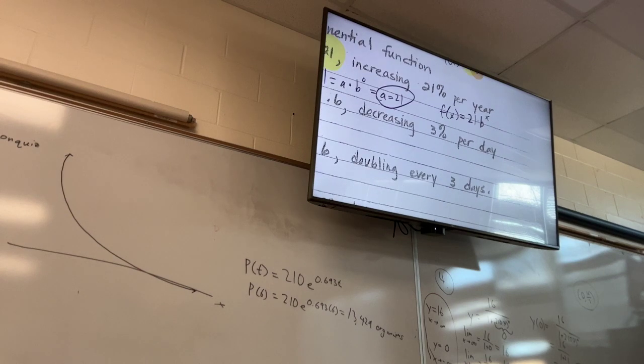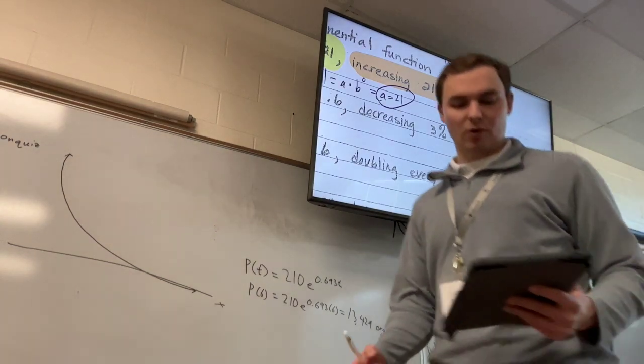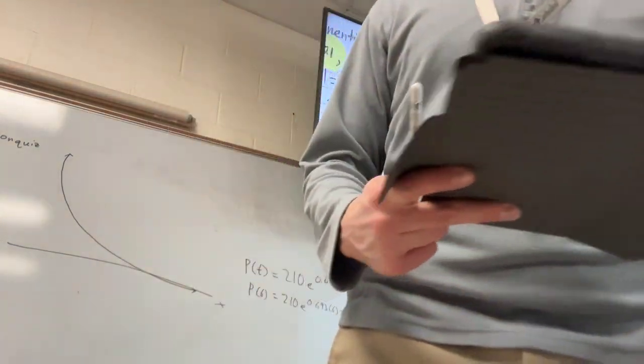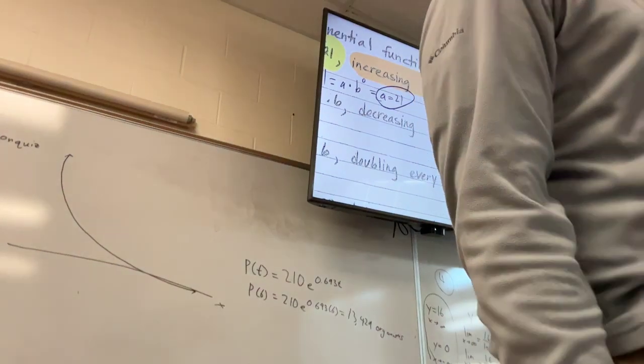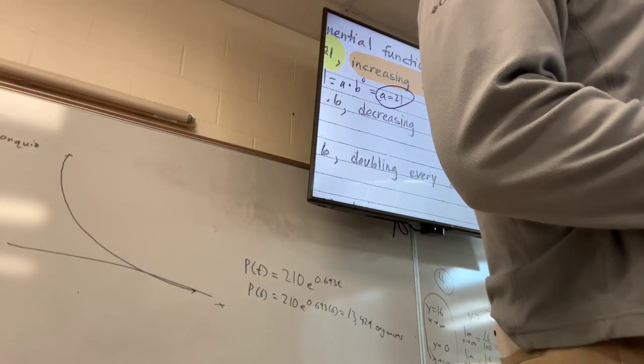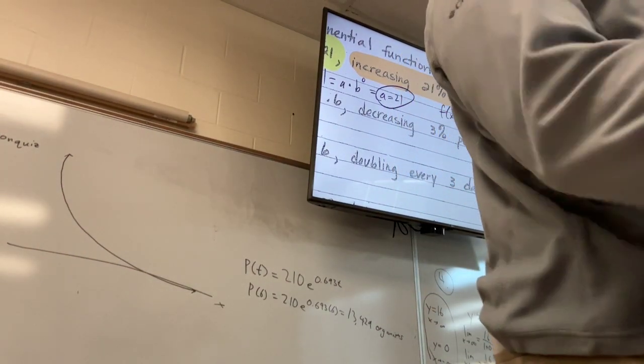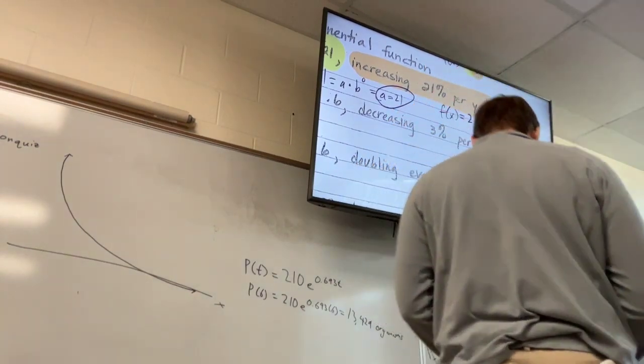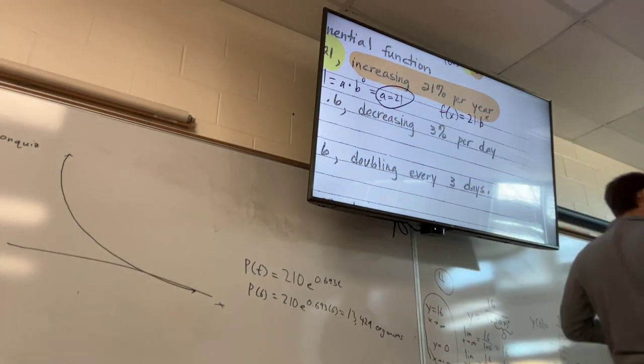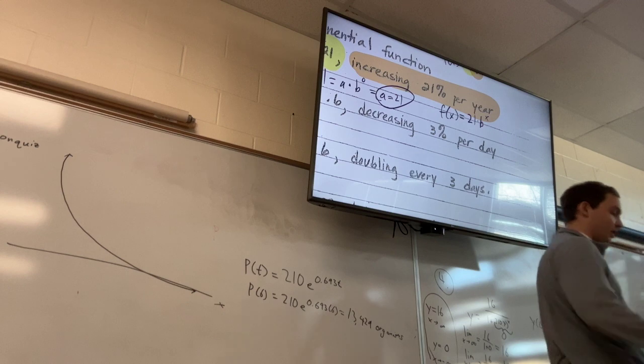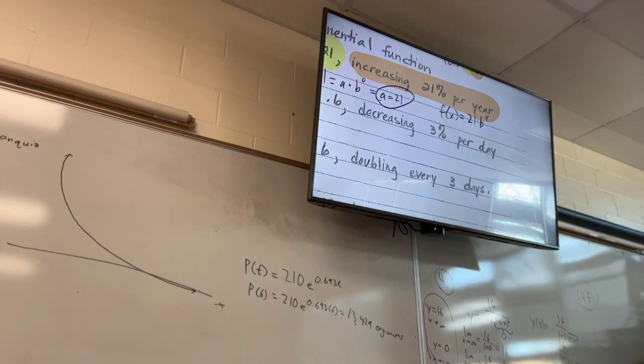Then the second part, increasing at 21% per year. Yeah, so if it's increasing at 21% per year, I think it'd be 1.21, right? Yep, it'd be 1.21. So increasing at 21%, if you multiply a number by 0.21, it gets smaller, right? Like if I was 20% of my actual height, I'd get smaller, right?